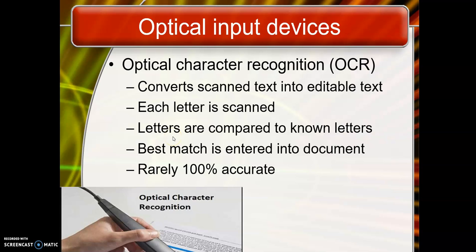Letters are compared to the known letters, and the best match is entered into the document. Nowadays it has much more accuracy. You can see this device is reading an image-based or paper-based document to convert it into editable text.